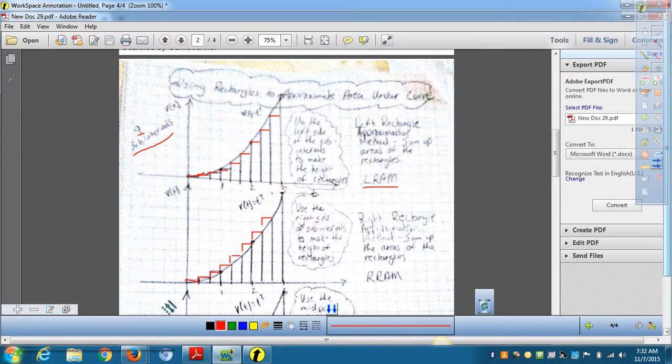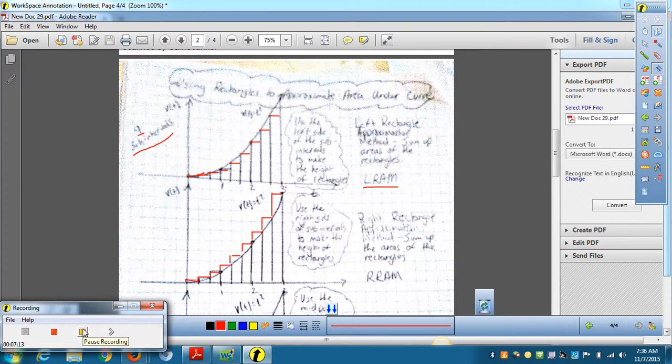So there we have all of our right rectangles, and we would sum up the areas of all of those to get the right rectangular sum.